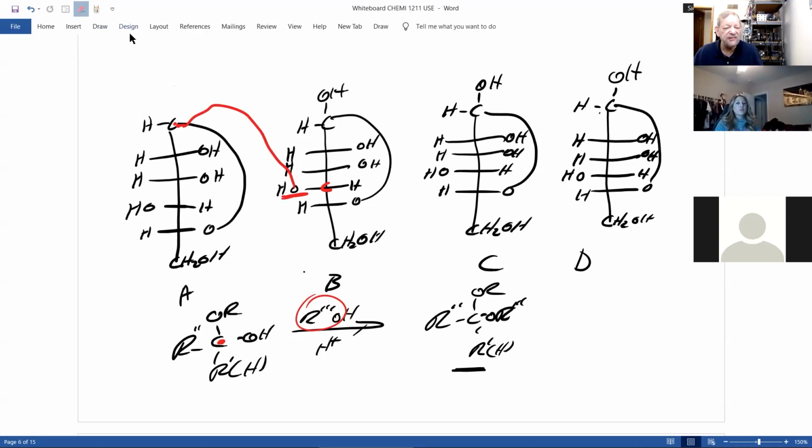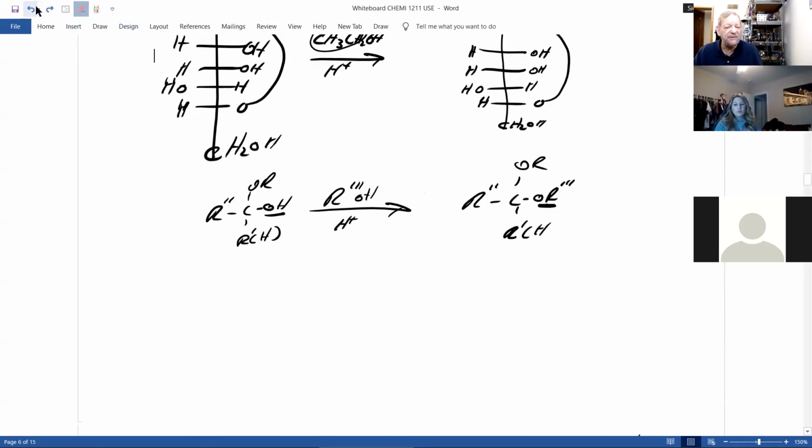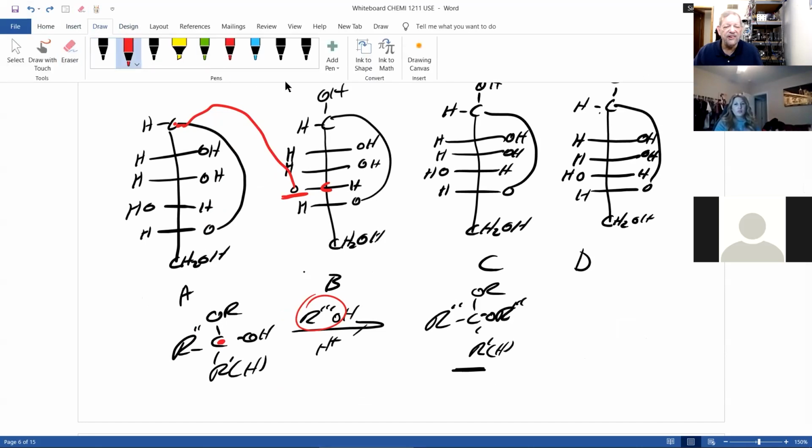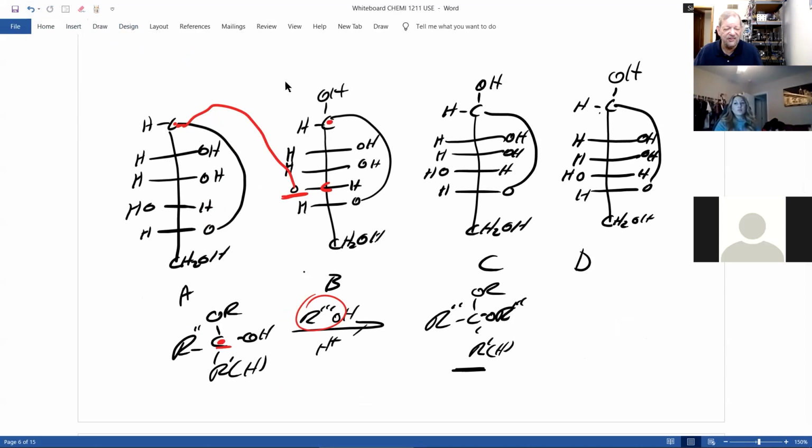You lose this, and you'll form a bond between A and B. Now, if you look at B, we have this carbon, again, is this carbon, and this hydroxyl group is this alcohol.